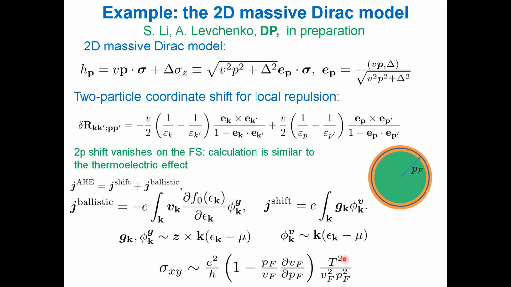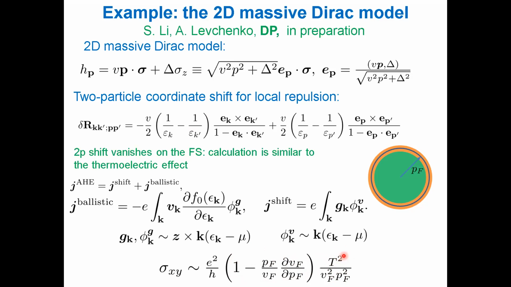It's proportional to the square of the temperature, and this square of the temperature is divided by the Fermi energy, counted from the bottom of the conduction band. And this factor here is the non-parabolicity parameter known from semiconductor physics. It tells you that the effect vanishes for p squared over 2m dispersion, like it should for Galilean invariant systems.